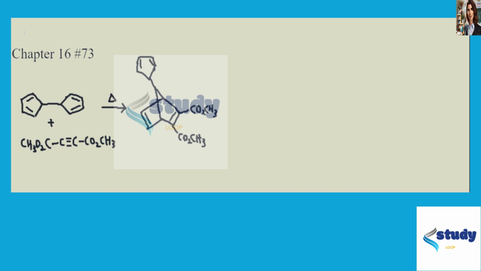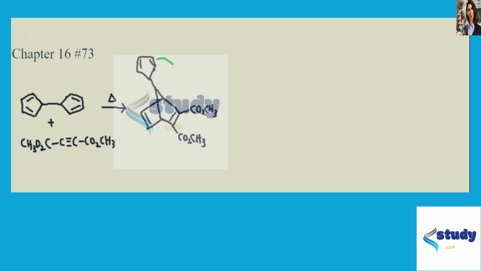And so what can happen now is that a Diels-Alder reaction can happen with this diene that we have up here. So the cyclopentadiene that's attached to our system that we made in the first Diels-Alder.